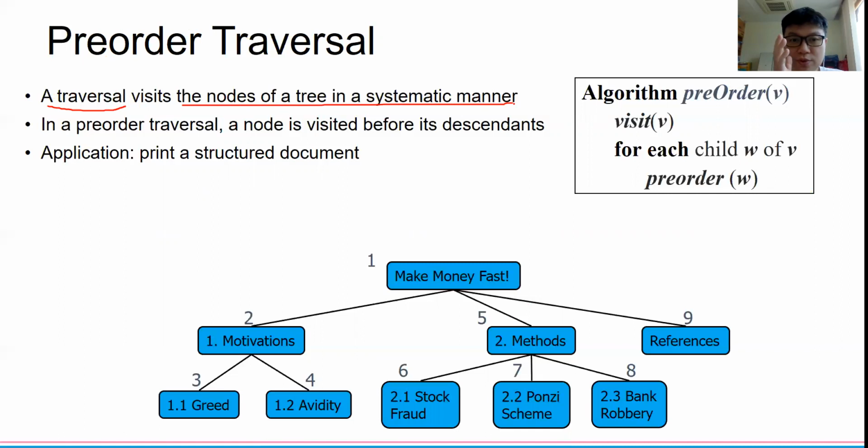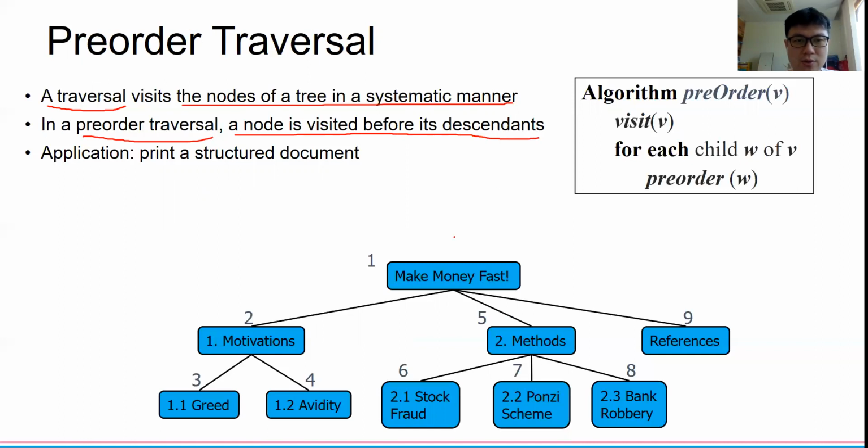So I want to visit a node, another node, and another node. So it means you want to do something like searching. Okay, so when you want to search, then you need to know what is the sequence of the searching in the tree. So we have one method, we call it the pre-order traversal. The pre-order traversal means a node is visited before its descendants.